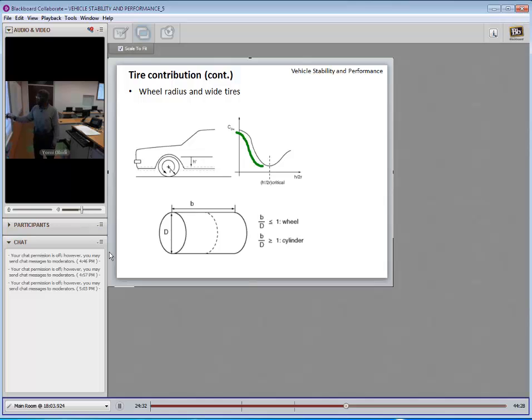This is value H. H is the height of this opening for the tire, the height of the housing to the underside of the car, and R is the radius of the tire.